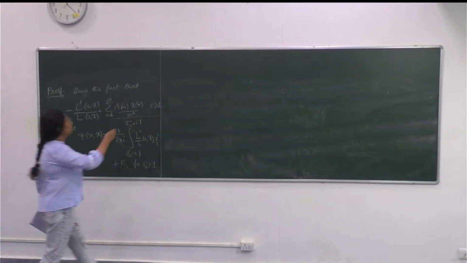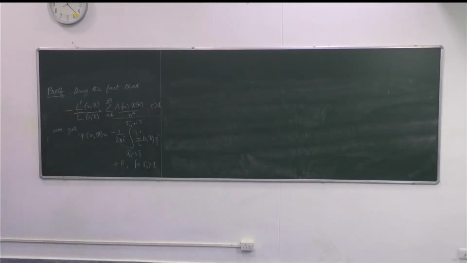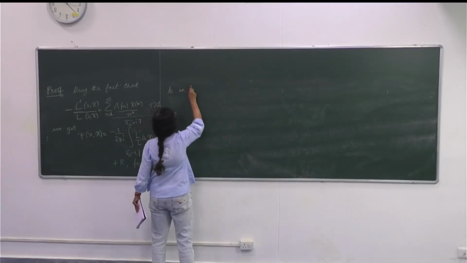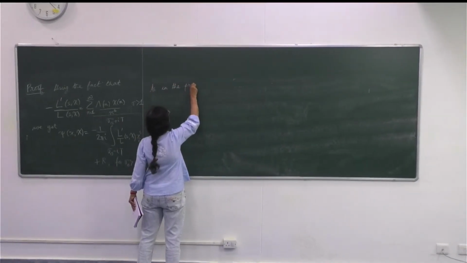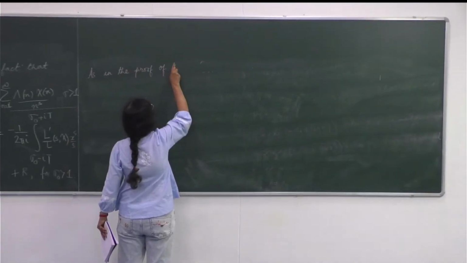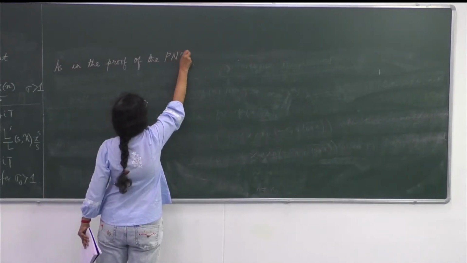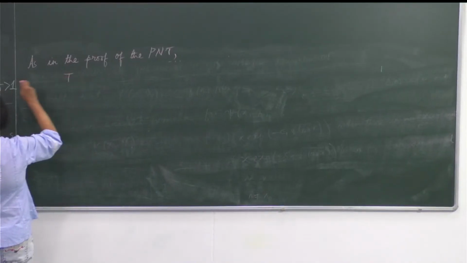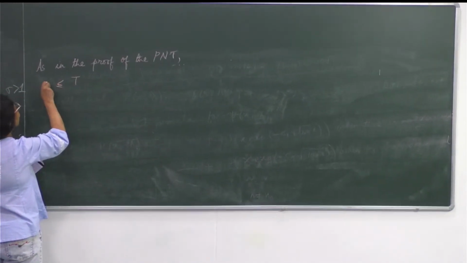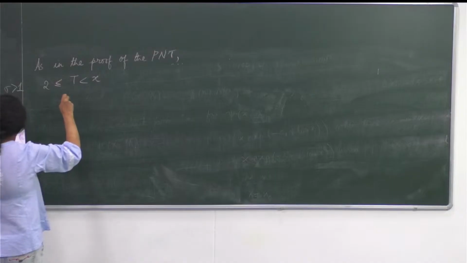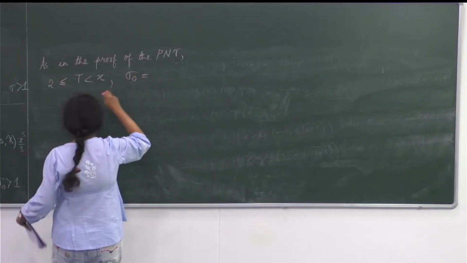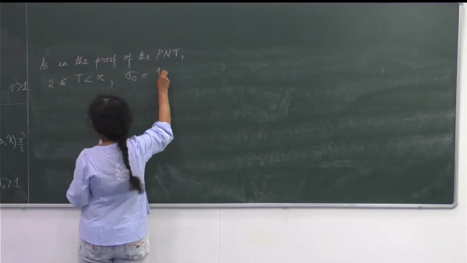As in the proof of the prime number theorem, what we do is we take t to be at least 2 and less than x, and we take sigma 0 to be greater than 1, remember?